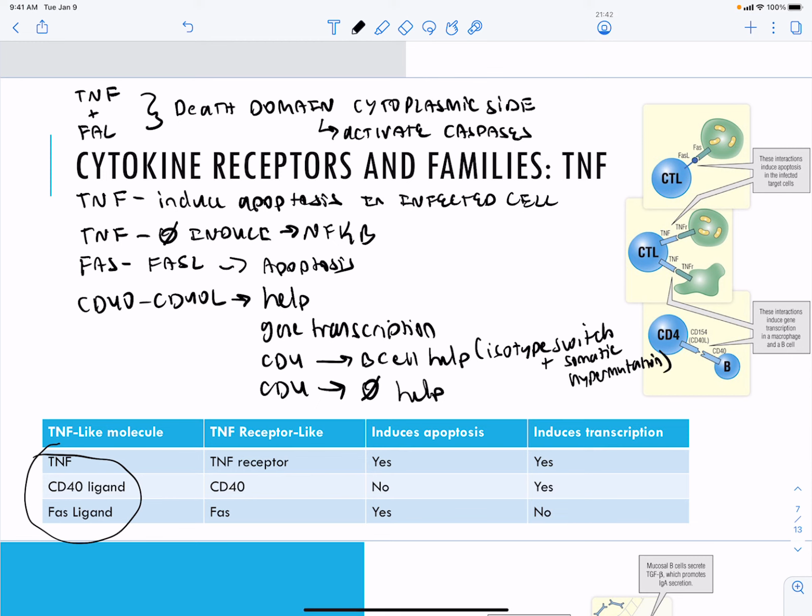And remember, isotype switching is going to depend on Th1 versus Th2 versus Th17. Just doing a little review here. Th1 will drive IgG responses, Th2 will drive IgE responses, and Th17 will be IgG responses.